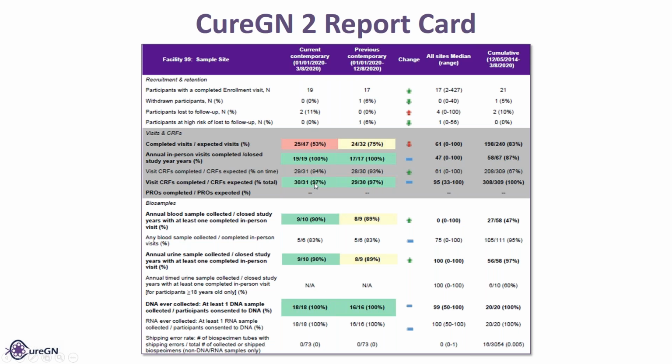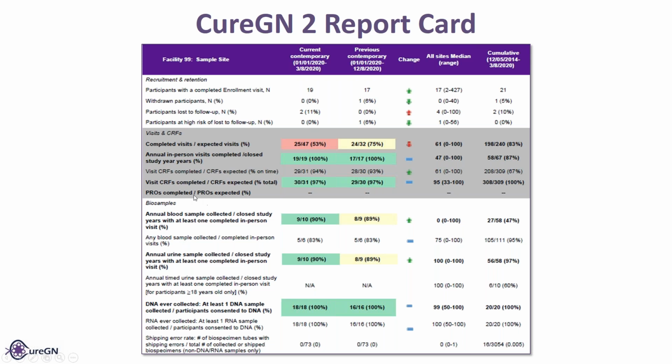And so green means you're performing as expected. It's more than 90%. And if it's less than 70%, it's going to be in the red zone. And then if it's between the 70 and 90, then it'll be in the yellow zone. Okay.